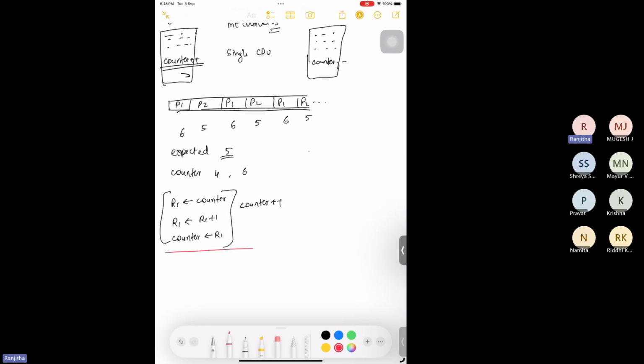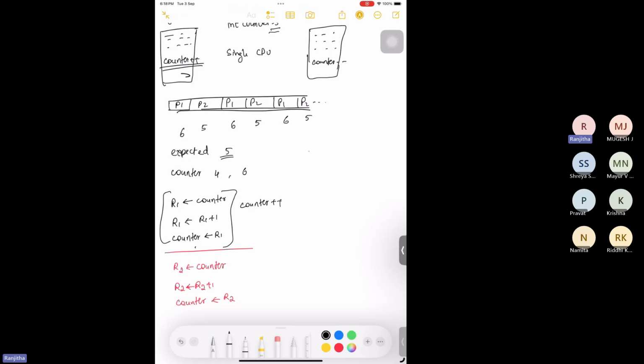Now if we see counter plus plus in P2, again there is another register to which the counter will be copied. Then R2 will be R2 plus 1 and then stored back. Now here we have seen that there is a context switch happening, right?